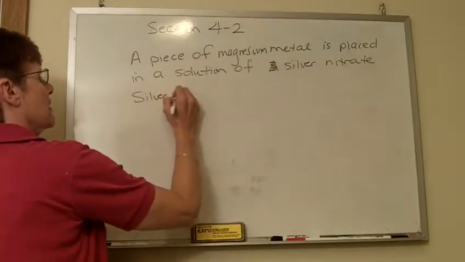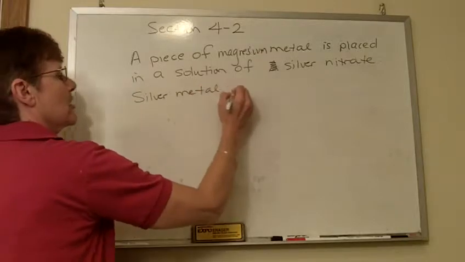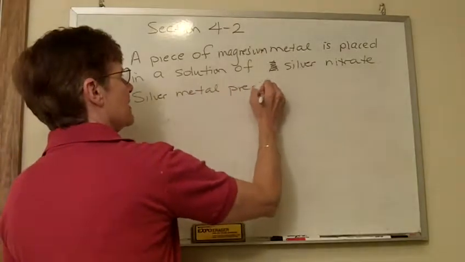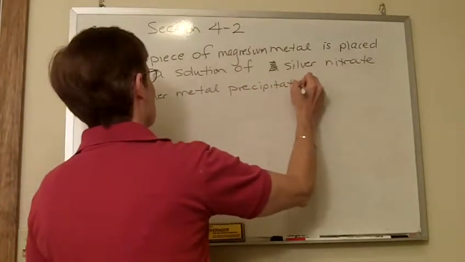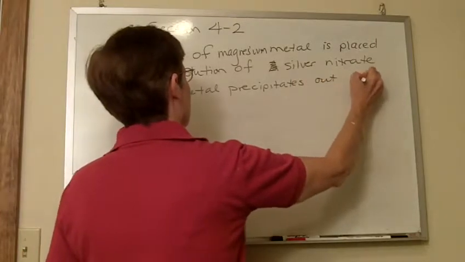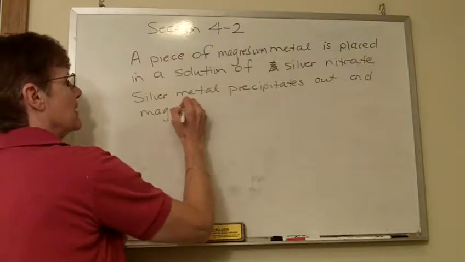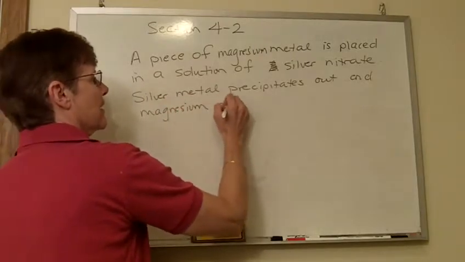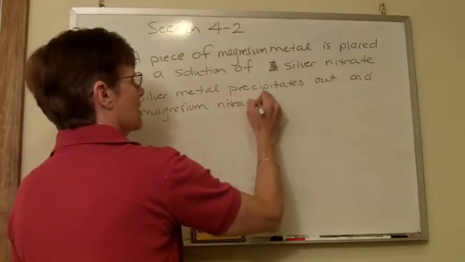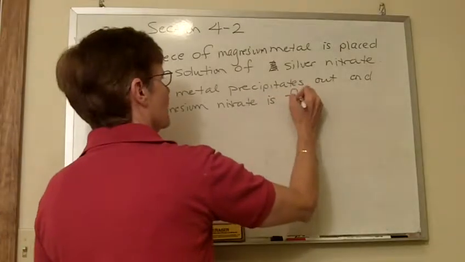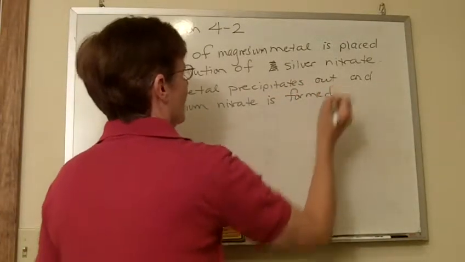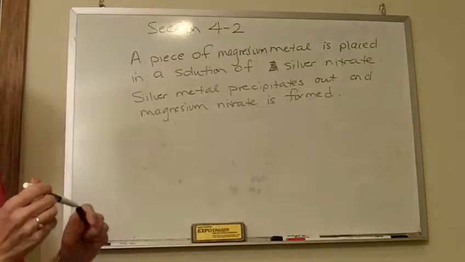Silver metal precipitates out, and magnesium nitrate is formed. All right, there's a lot going on there.